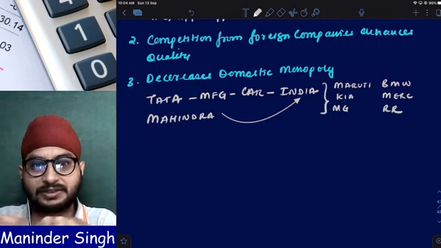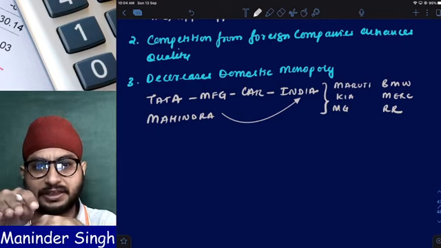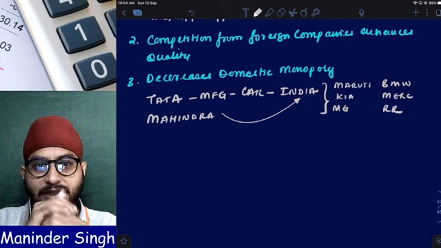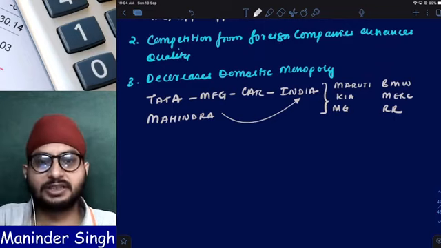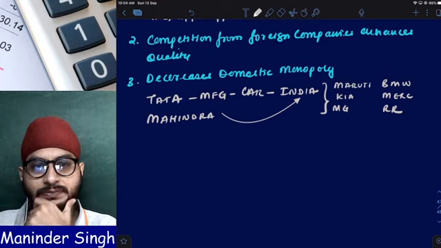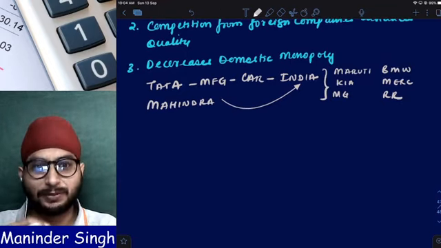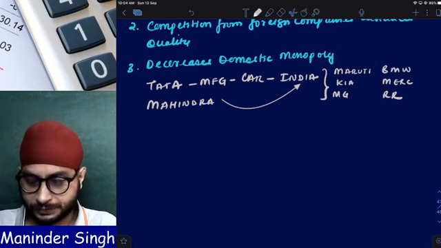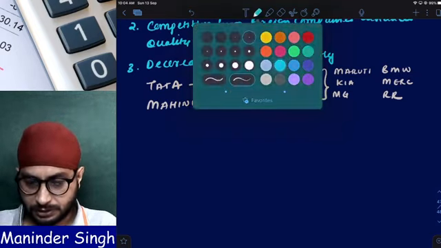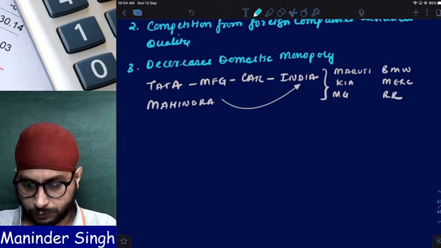The prices of cars are remaining constant. Either a little increase or a little decrease will be there. It is neither increasing to a very large extent nor decreasing to a very large extent. Clear? That is the advantage. One more advantage of removing monopoly or duopoly. Next, number 4. Clear? Number 4.